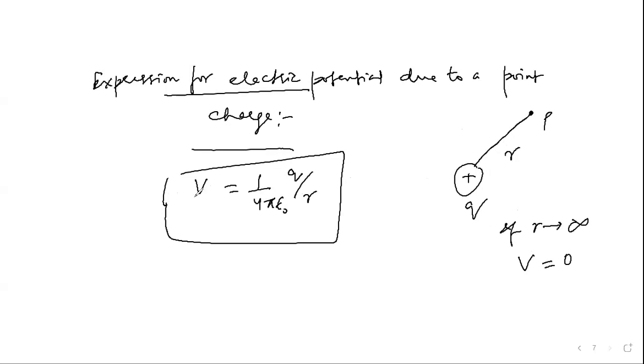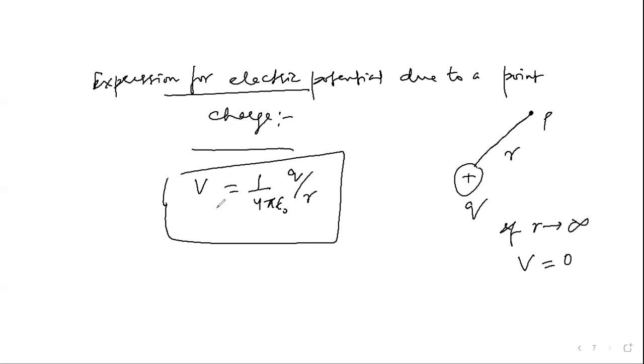So if you move closer to a positive charge, potential increases. But in case of a negative charge, if R decreases, it will become more negative. That means if you move closer to a negative charge, potential will decrease. If you move away from the negative charge, potential will increase. If we move closer to a positive charge, potential will increase. If we move away from a positive charge, potential will decrease, right?